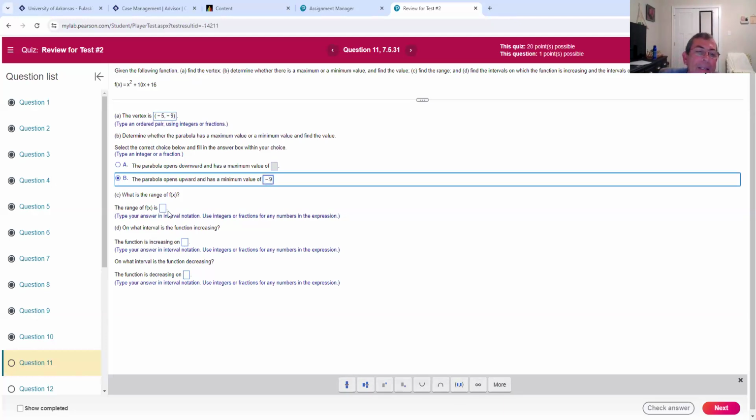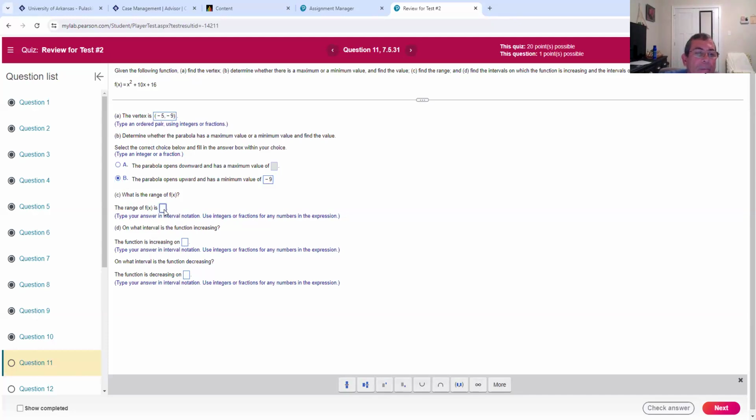But what I like is all these values I'm finding are off of that vertex stuff. Like the range was a bracket and it started at the -9 and went towards infinity and then put a parenthesis around that. And that was the y value still.